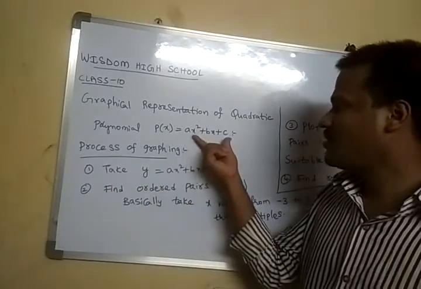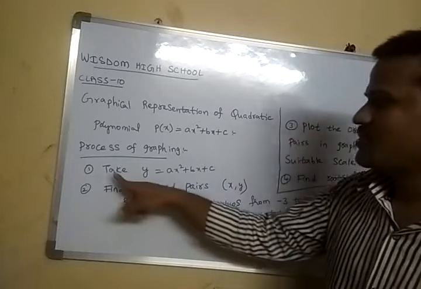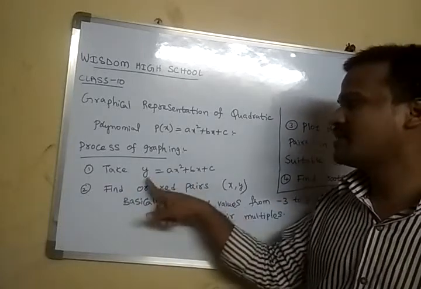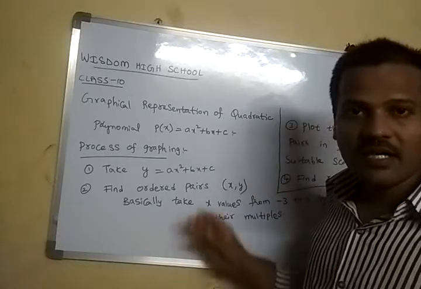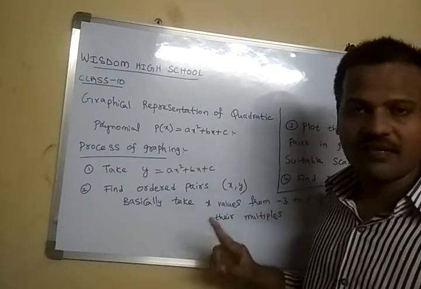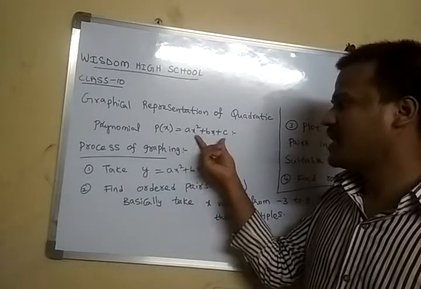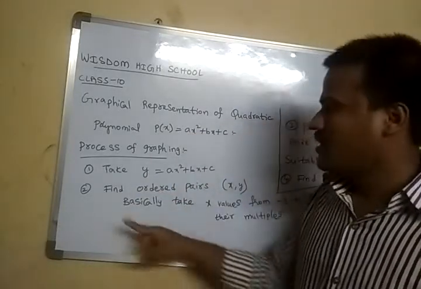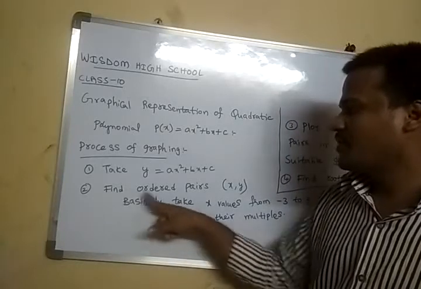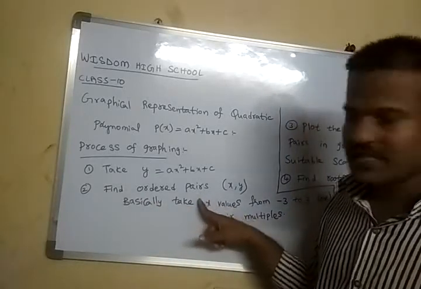So if you have this quadratic polynomial, the first step is to take that polynomial equal to y. Basically the graph has two axes, x-axis and y-axis. That's why we equate this polynomial with y. Next, the second step is to find the ordered pairs x comma y.